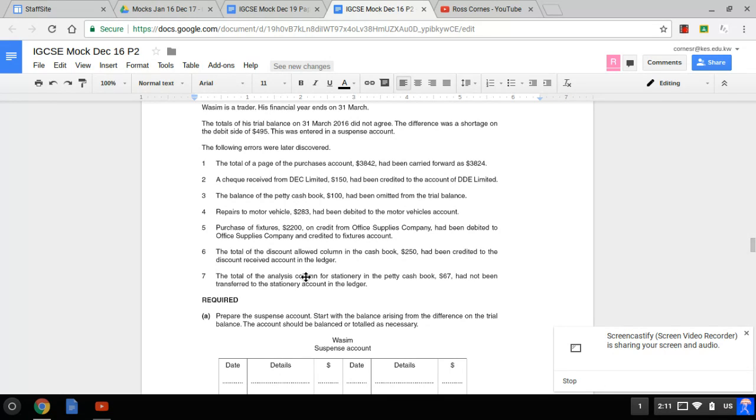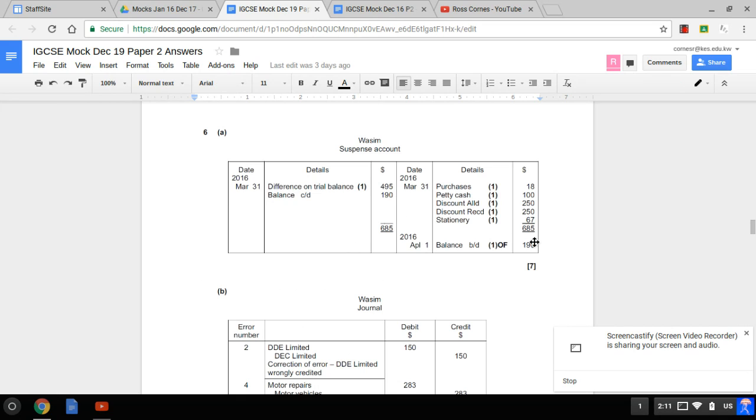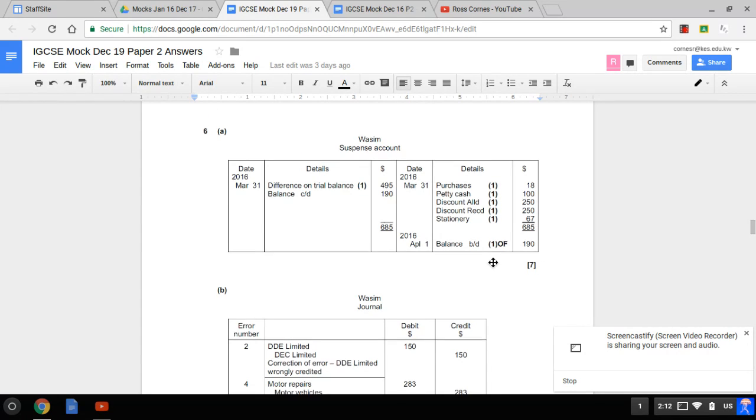The debit entry is being missed off, so you need to debit stationery and therefore credit the suspense account. And what was a little bit strange about this question was that then the actual account didn't balance off. We haven't found all the errors, and therefore there's a balance brought forward of $190.